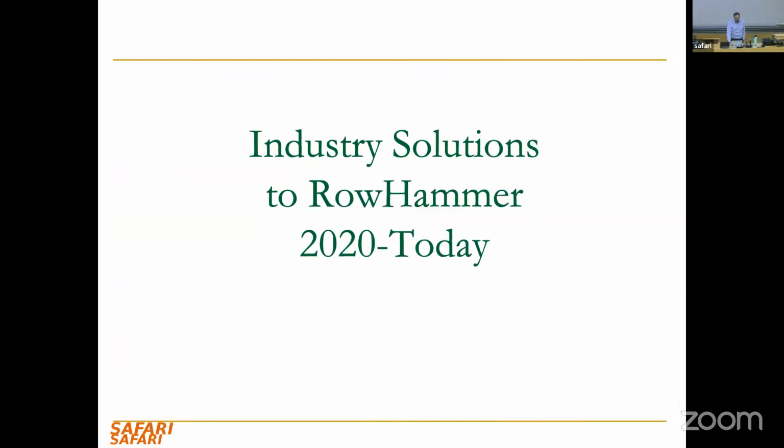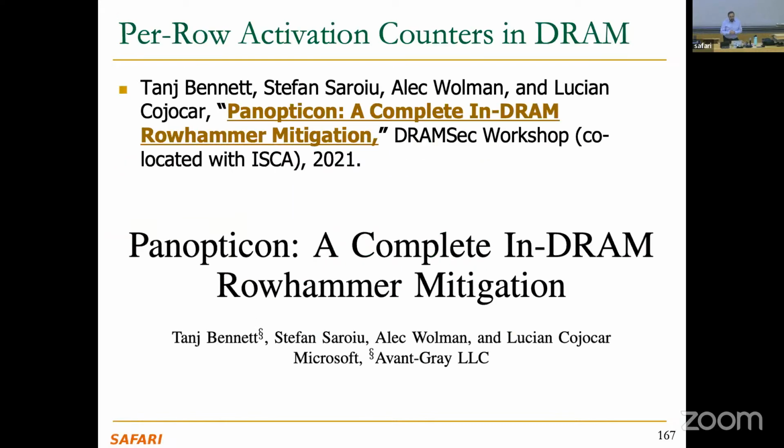Okay, let's look at some industrial solutions in the last 7 minutes, from 2020. After we showed that the deployed mechanisms are not providing the robustness that we want, there are more attempts from the industry to solve this problem. Weirdly, this paper came out from Microsoft, which is not a hardware company, and a small company called Avantgrey.